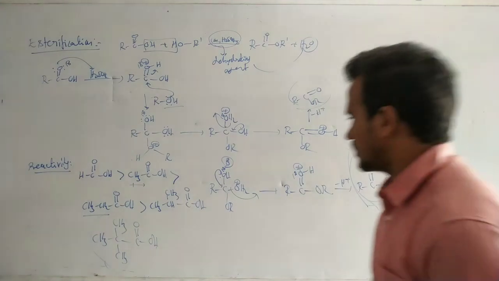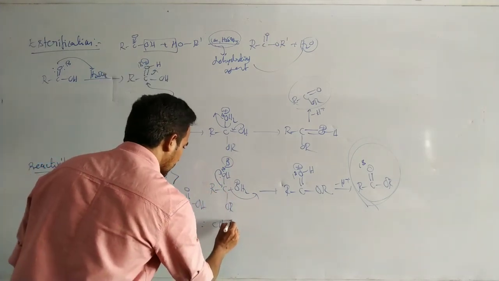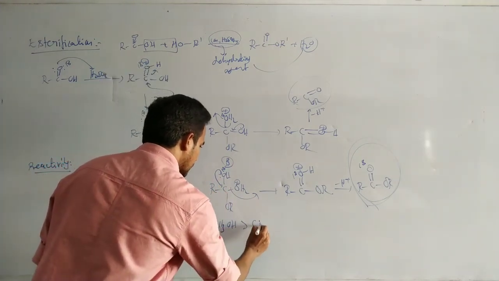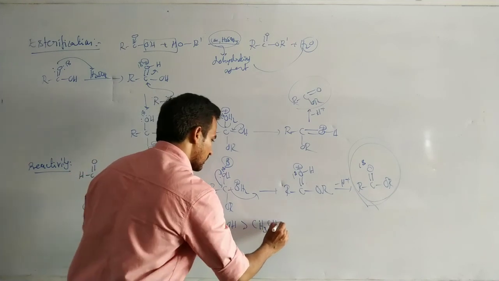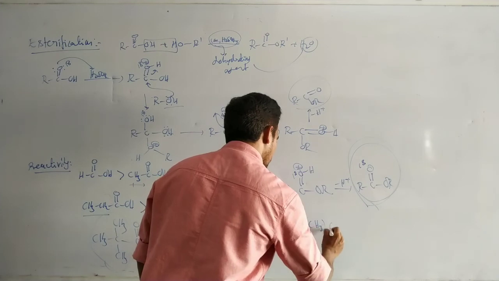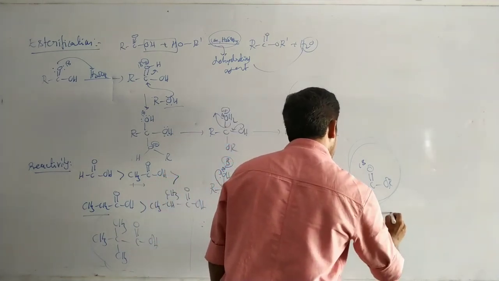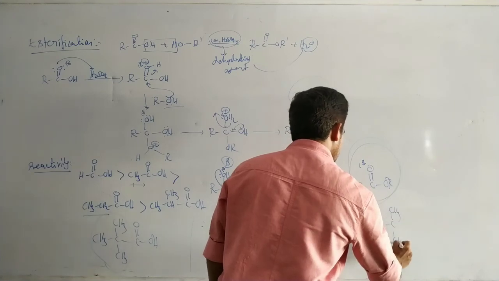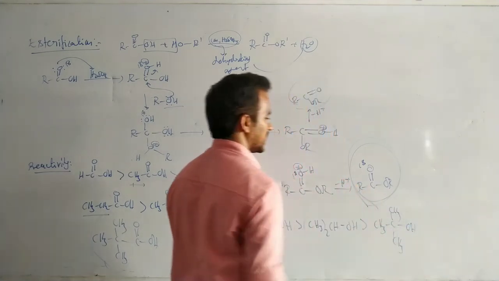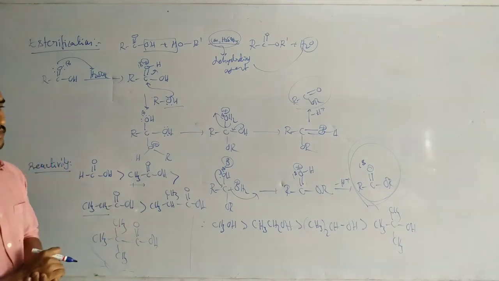And next, in case of the alcohol, with increasing size of the alcohol, reactivity decreases. Again, tertiary butyl alcohol is very less reactive in esterification reaction, because of the large size of the nucleophile.